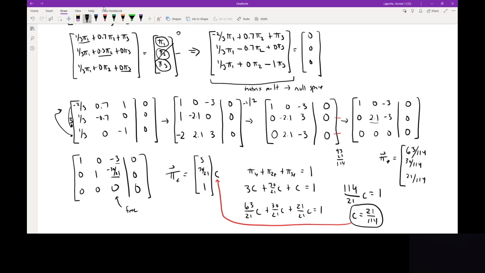So this adds up to 1, and I believe if you put this in your calculator, this better come out to what we thought they should. So I'm going to go to R real quick.